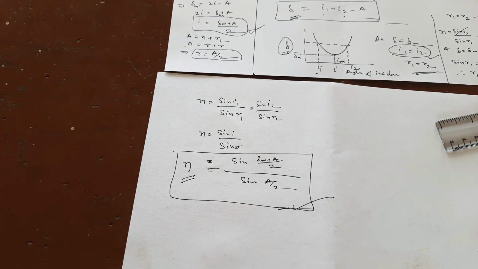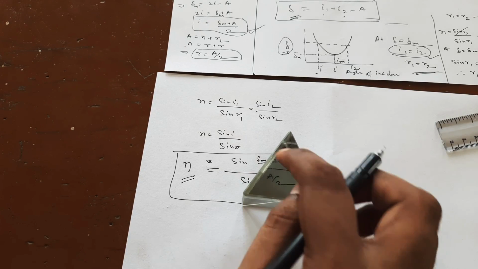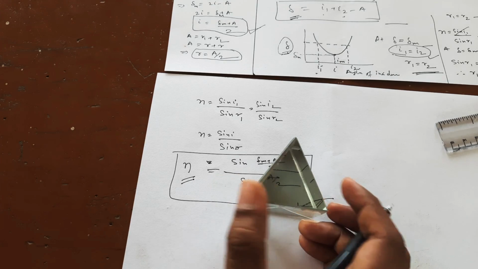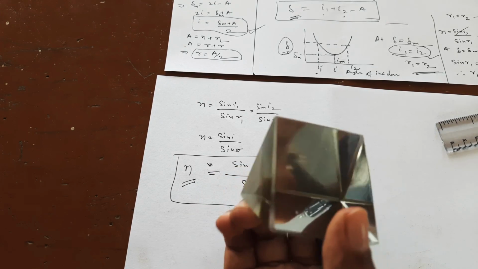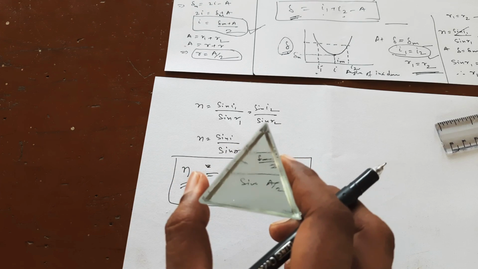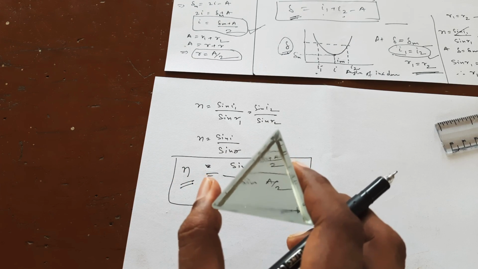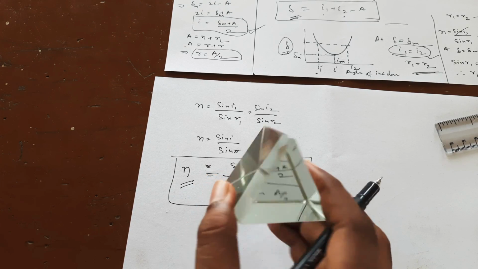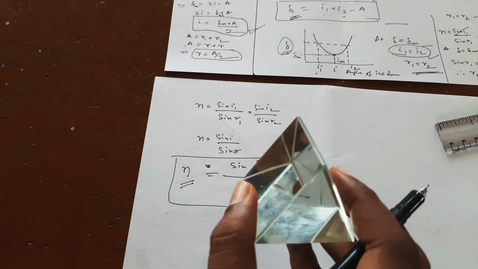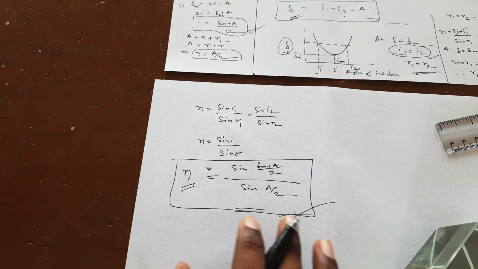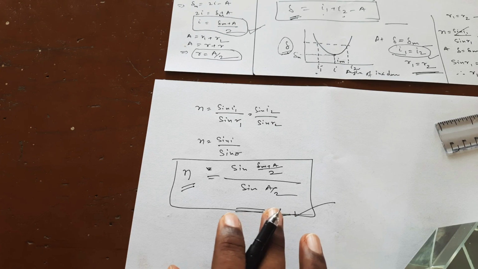So for a certain prism, angle A is fixed, its refractive index is fixed, so the value of delta M, that is the angle of minimum deviation, will also be fixed. It does not depend on the angle of incidence or angle of emergence. Whatever be the angle of incidence, the value of delta M is not going to change, because in the expression there is no I, there is no r.